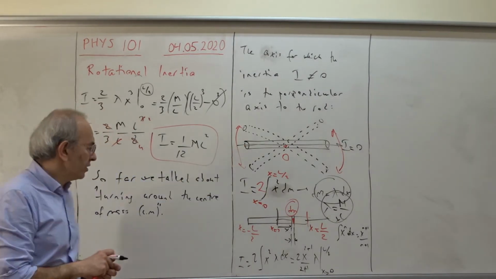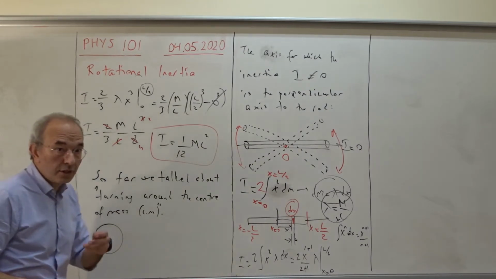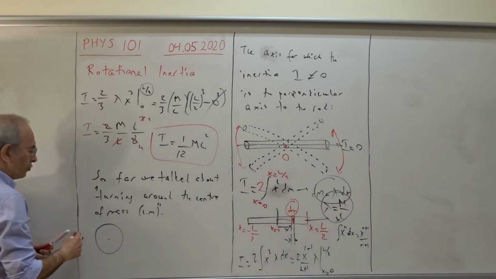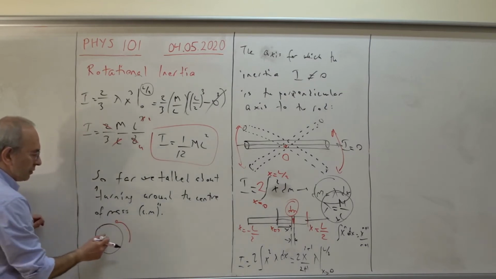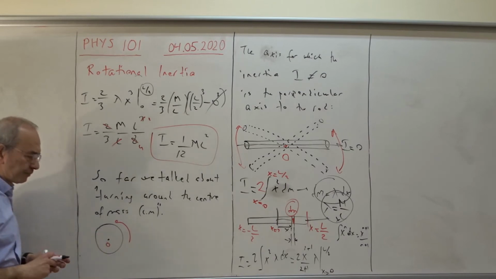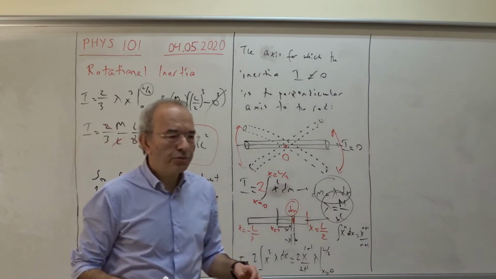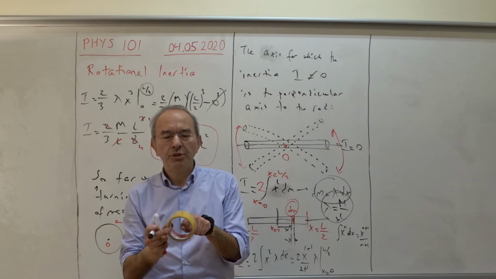For example, for this object, if it were a spherical shell or a full sphere or a disk, we talk about this kind of rotation around the center of mass. So the object was turning around the midpoint. Midpoint is center.